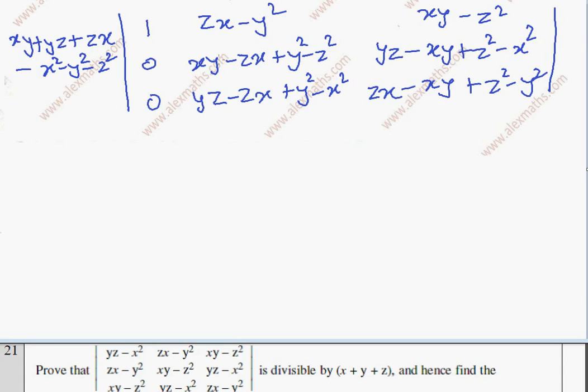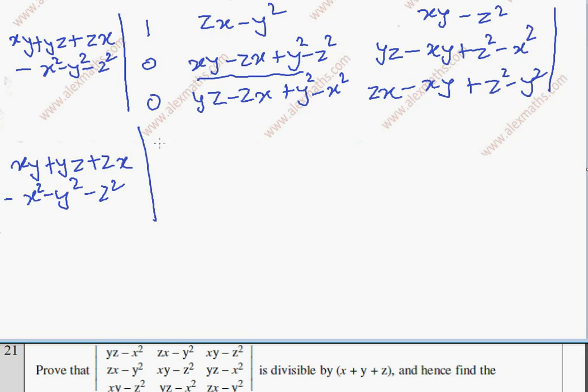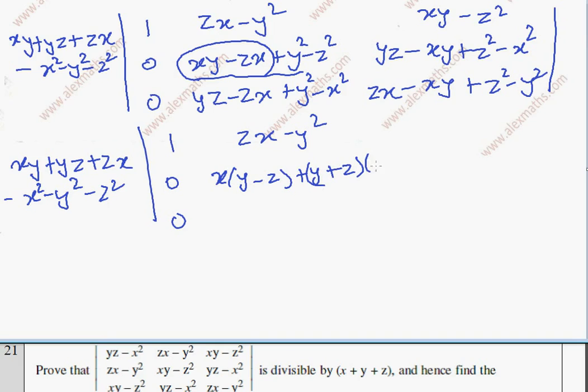So I am going to factorize these terms. Before that, once again the outside term we will write as it is. Okay, this is 1 0 0, zx minus y square as it is. From here, if I take x common, it is going to be y minus z. Then this is y plus z into y minus z.